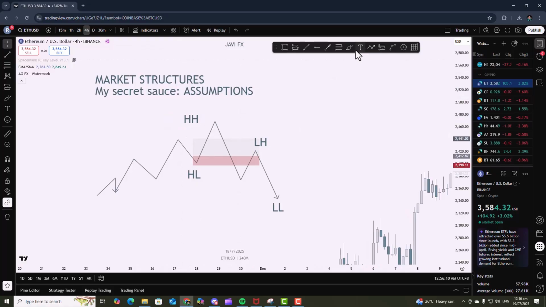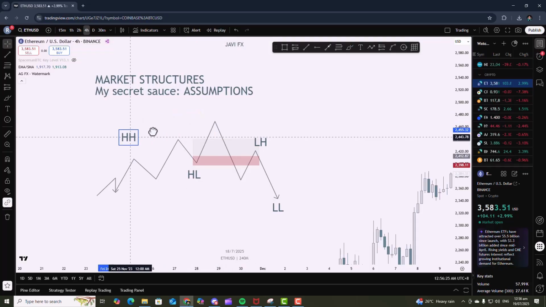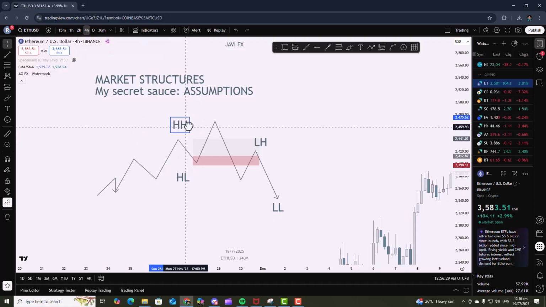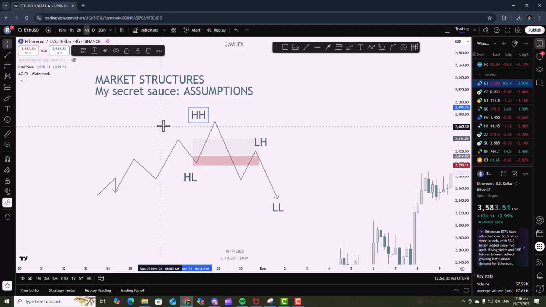So with certainty, you know that price will go there. Therefore, your take profit target will be the highest probability. That's just how it is. Assumptions: after higher high, higher low. After higher low, the assumption is a higher high. Very simple.